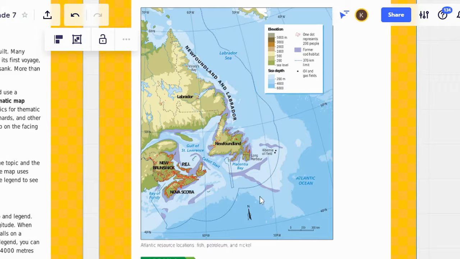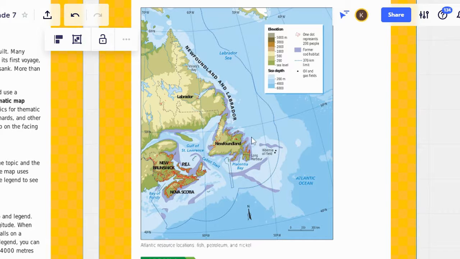Now, when we learned last week about the cod fishing issues in Newfoundland, we can see here, that's another thing that's marked on here, is the former cod habitat, these kind of purpley colors. That's where the cod used to live, and they were really plentiful in those areas. So remember, you read that in your book last week, some of the reasons why they had to stop cod fishing in 1992.